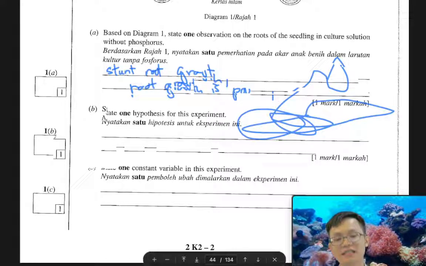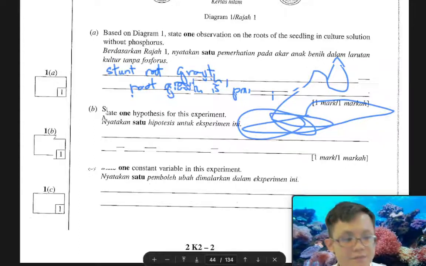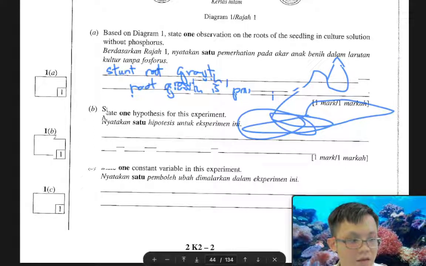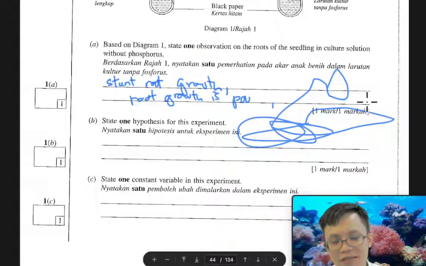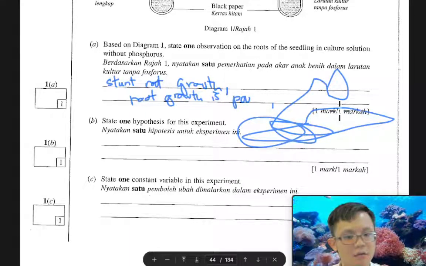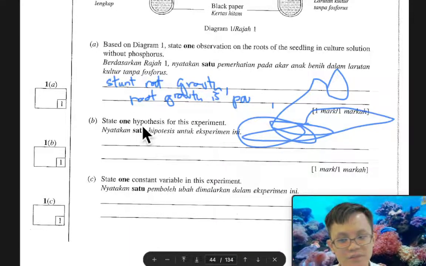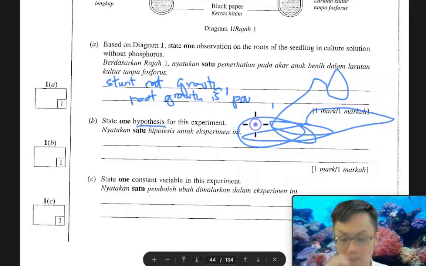The hypothesis is about the nutrient. What is the thing that you want to test? A hypothesis is usually a relationship, and it's something that you want to test.